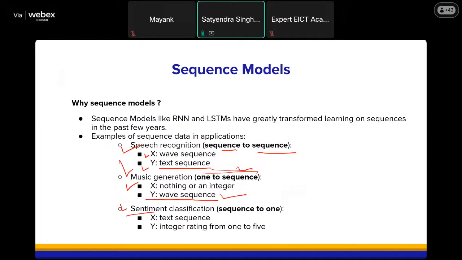Another sequence task is sentiment classification, where your input is a sequence and your output is one. Given a text sequence, the output represents a 1 to 5 rating, or simply positive or negative, 0 or 1.